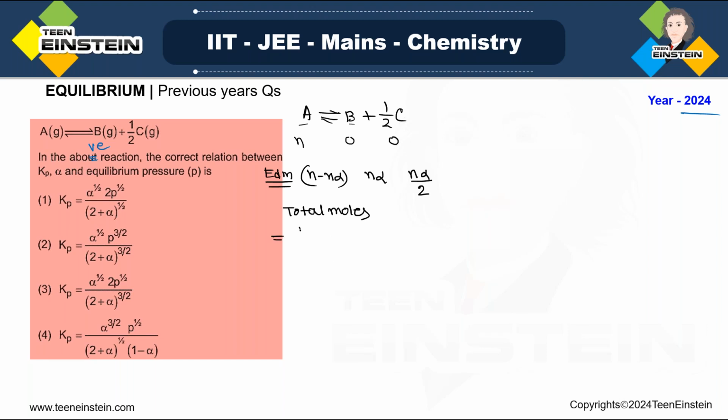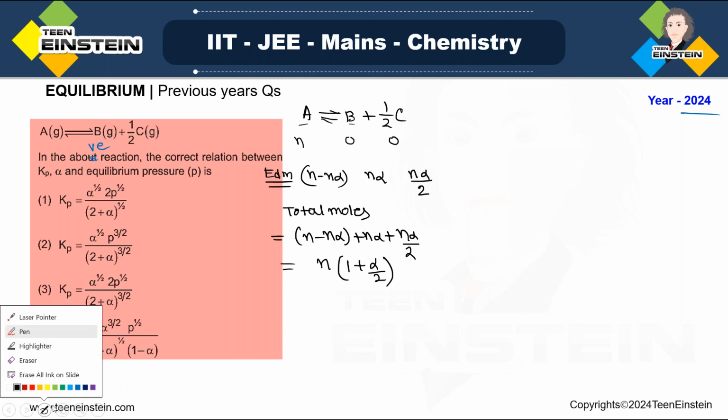Now we can calculate total moles at equilibrium. Just add all of this. N alpha cancelled, so you will be left with N common, 1 plus alpha divided by 2, right? Now we will find the equilibrium pressure for all 3 species.